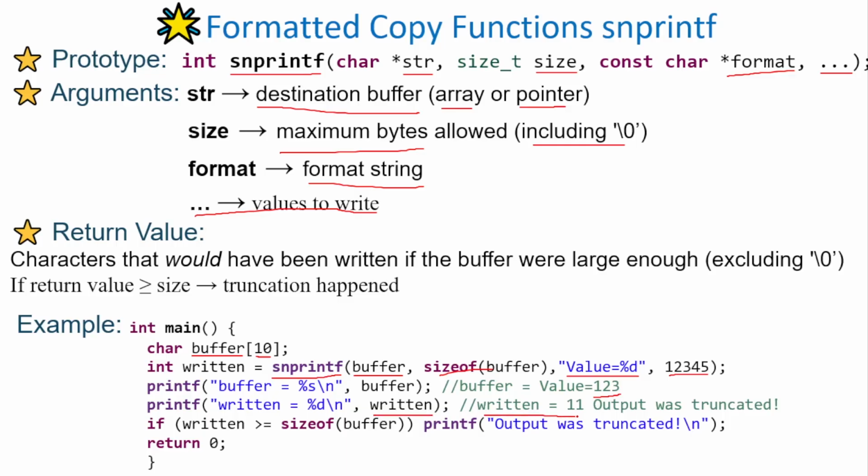When we print the results, buffer = value = 123 shows the truncated text, and written = 11 reveals the original intended length. Since written is greater than or equal to the buffer size, the program prints the message output was truncated to indicate that the data did not fully fit in the allocated space.